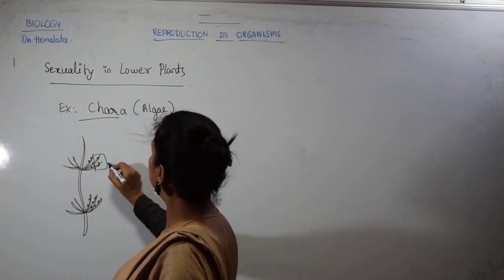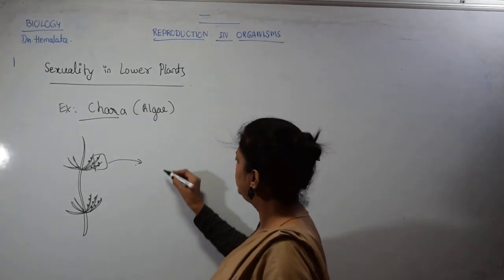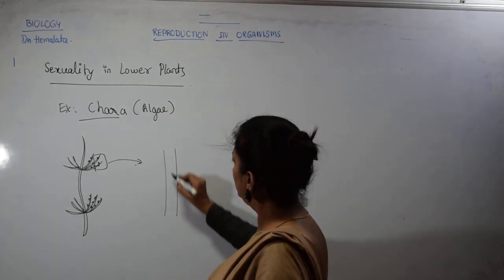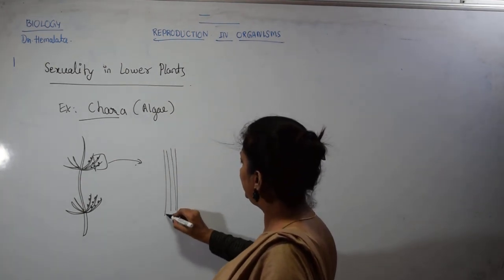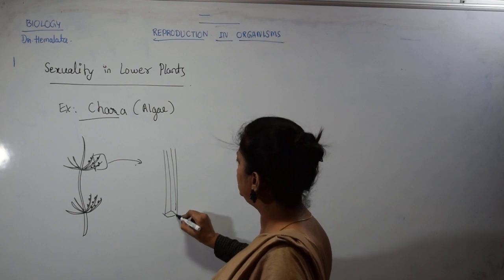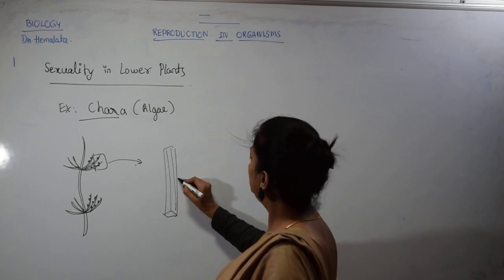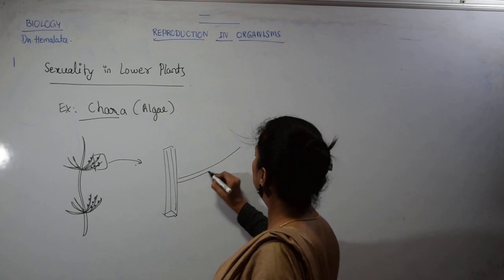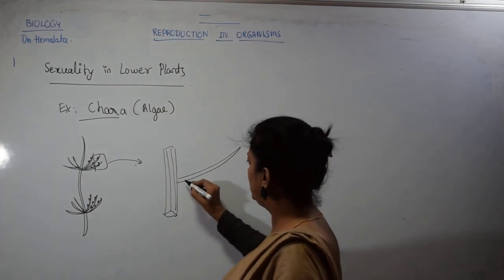This portion I am enlarging here. You can observe this is the main stem-like structure. They don't have a stem and other parts, only a stem-like structure. And here you find a ligule, actually we call it the ligule.